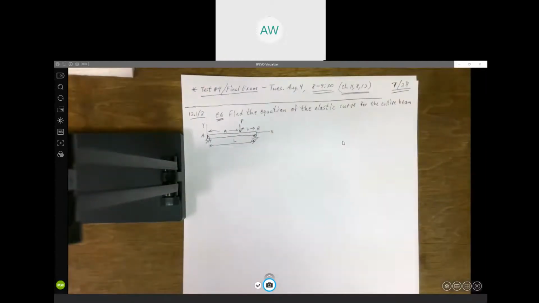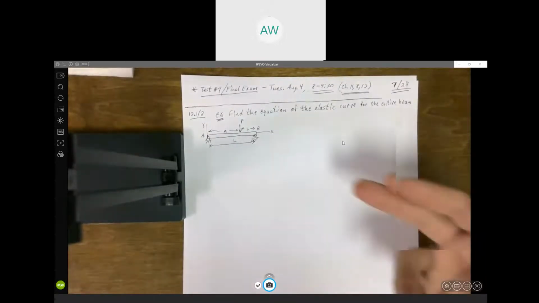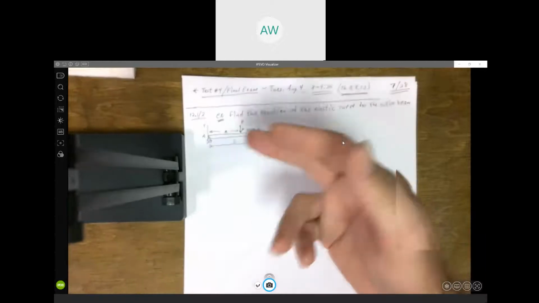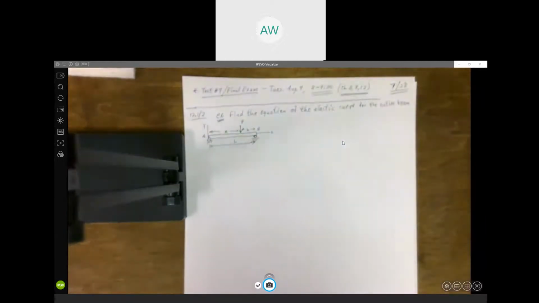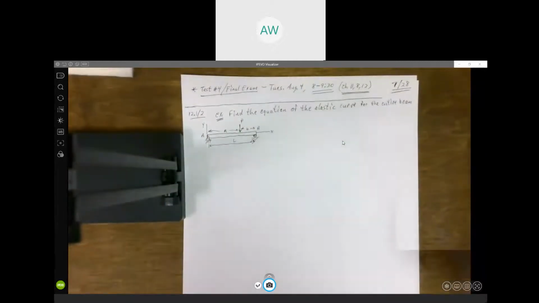And I think I mentioned this yesterday, but this is typically what most of the problems in this section are going to look like, in that you're not going to have specific numbers. Most of these problems are going to be like this in terms of P and L and a and b. We're not going to have 100 pounds or 10 kilonewtons and 10 feet long.